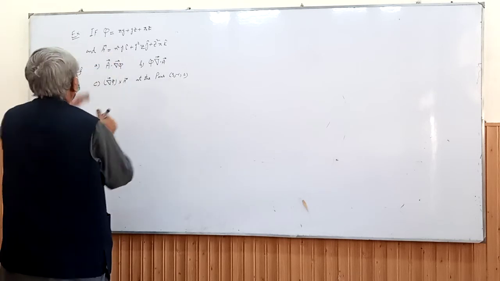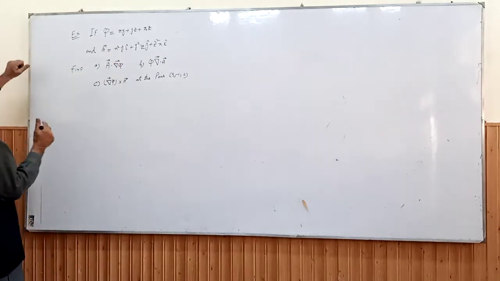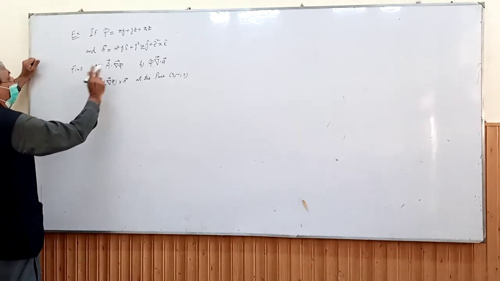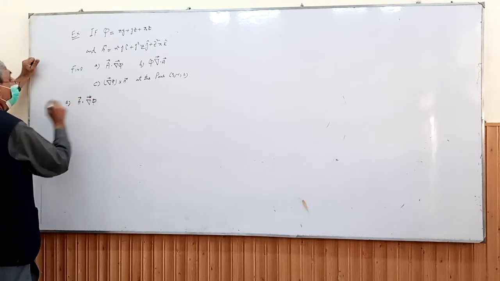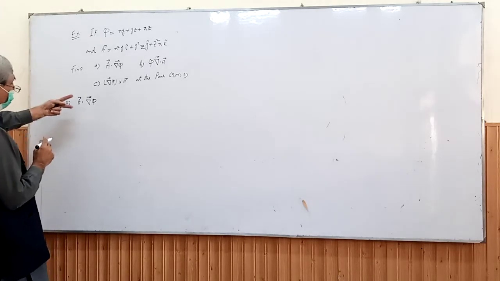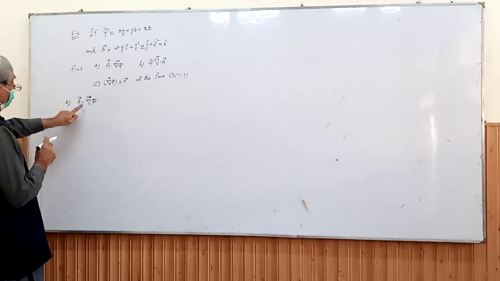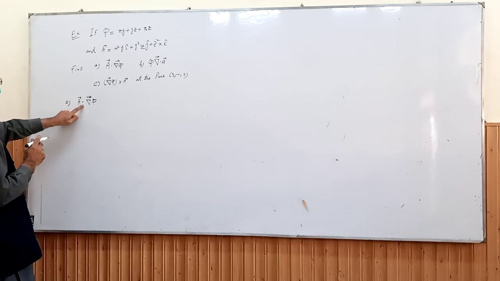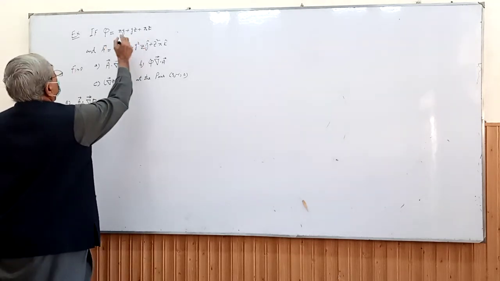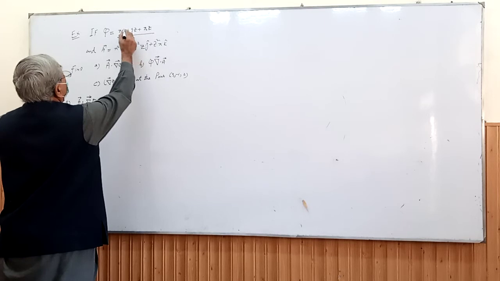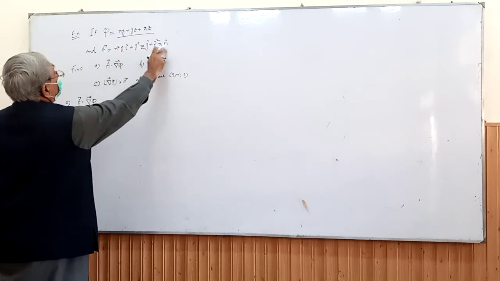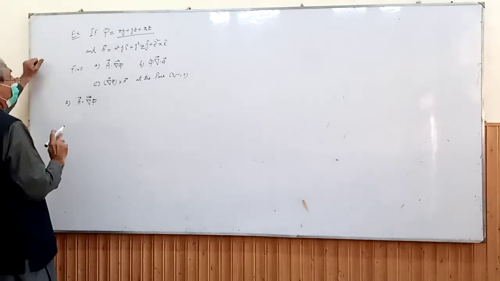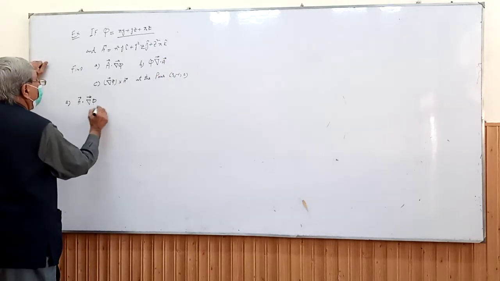Let me take the first case, A dot del phi. A is a vector, del phi is a vector, so two vectors are multiplied together through dot. Phi is a scalar quantity; you can't see any unit vector with it. A is a vector; you can see the unit vectors with it. So let's first find del phi.